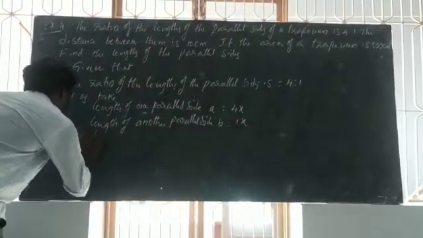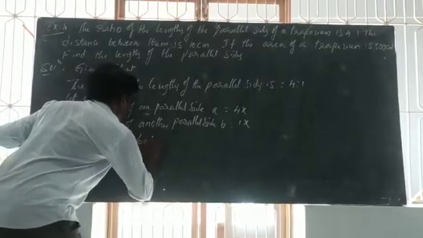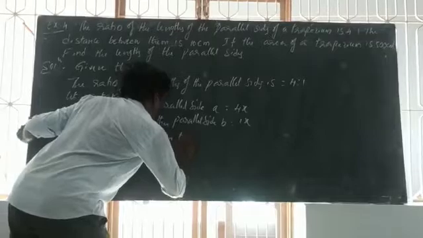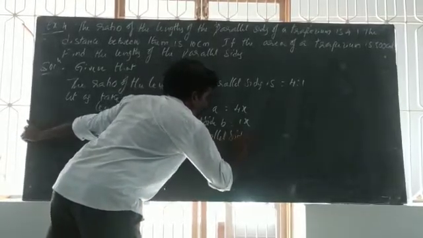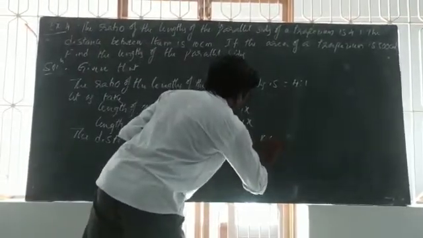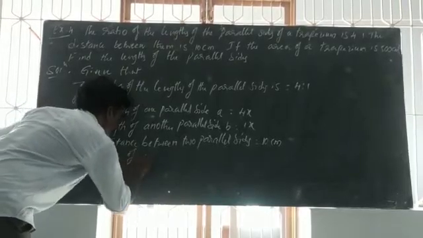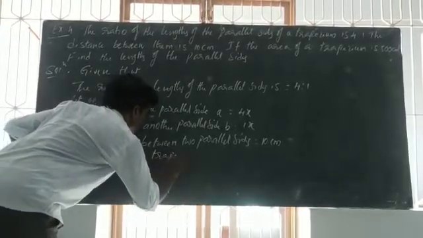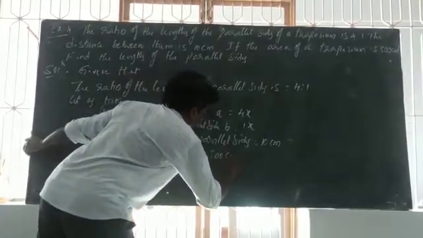Next, the distance between the two parallel sides is how much they have given? 10 centimeter. Next, what have they given? Area of a trapezium. Area of a trapezium is equal to 500 centimeter square.